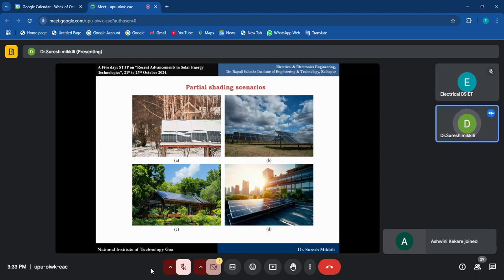Because of trees, shading can happen. Shading can happen due to tall buildings, due to clouds, due to nearby trees, and even due to some snow fallen on it. If you observe here clearly, there is snow fallen here.